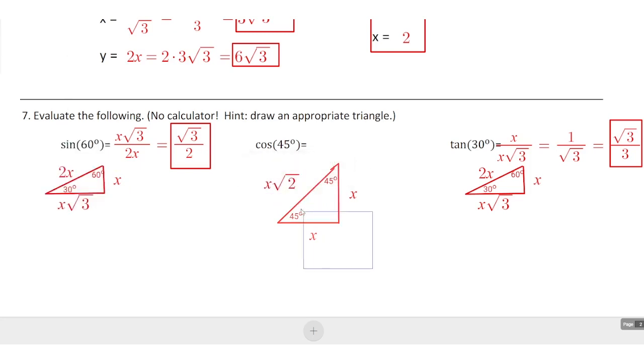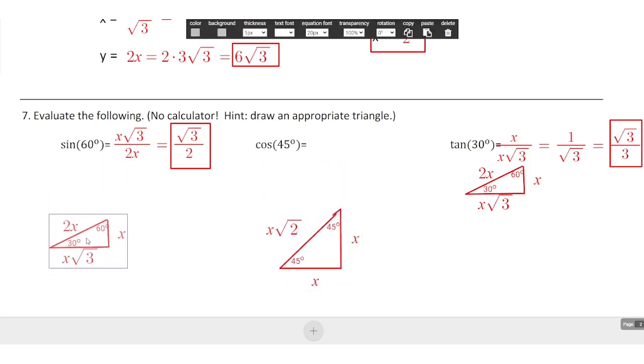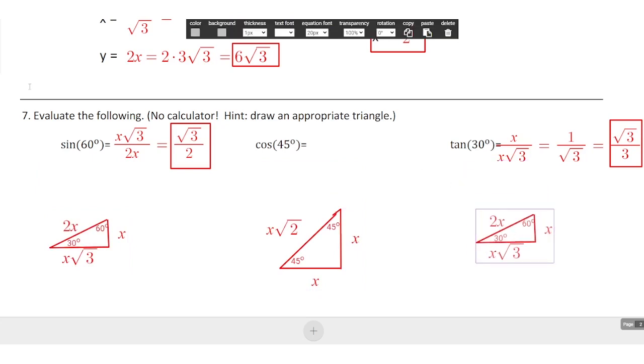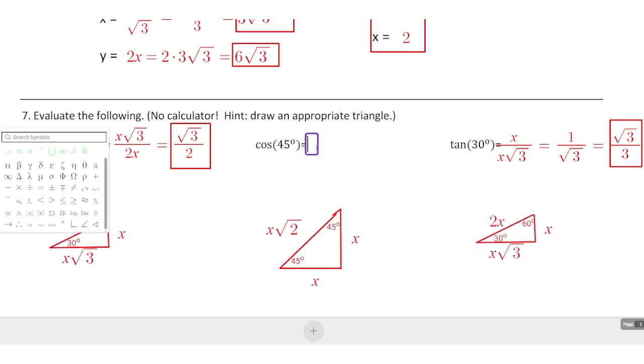Now if we're looking for cosine of 45, what we're looking for is the adjacent over the hypotenuse side. The adjacent side here, it doesn't really matter which one you pick because both of these legs are x anyway. The adjacent side is x, and the hypotenuse is x root 2.